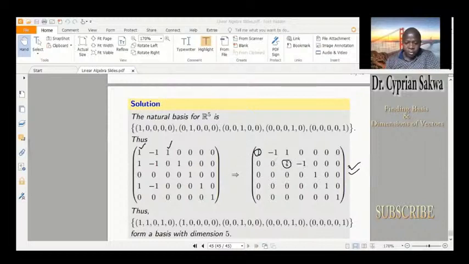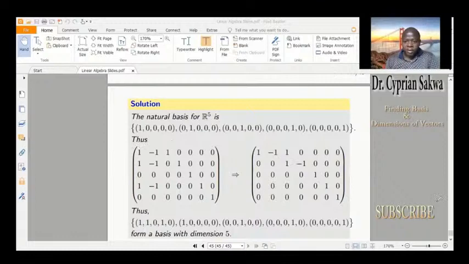Column 4 has no leading one, column 5 has a leading one, column 6 has a leading one, and column 7 has a leading one. So the original vectors in those columns form a basis for R5. And you can see we have answered the question: we needed a basis that contains those two vectors.